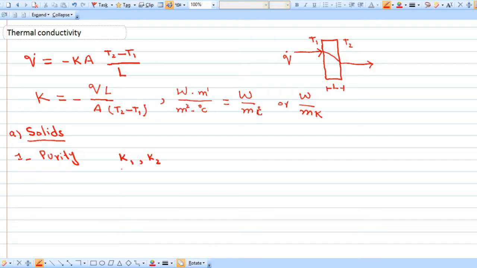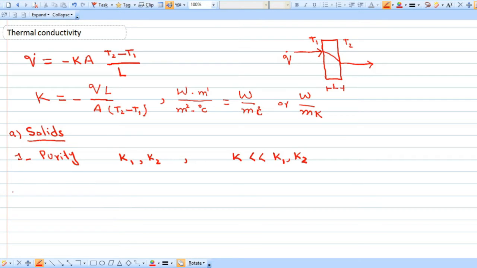For example, if the thermal conductivity of one metal is K1 and the second metal is K2, then the thermal conductivity of the resultant metal will not be between K1 and K2. Rather, the resulting metal will have a thermal conductivity K that is very small compared to K1 as well as K2. It means that by increasing impurity in metals, the thermal conductivity of the metal is reduced.